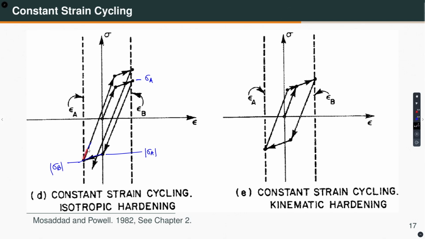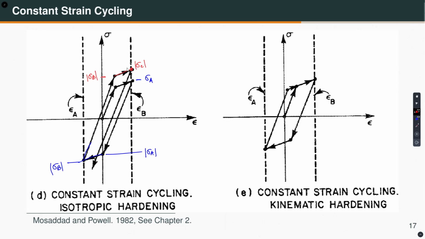Then when you unload in compression, reload in tension, you go to this point. What is that value? That value is equal to sigma B. And then you go like so. Here you reach epsilon A. What is this value? Let us say this is sigma C.